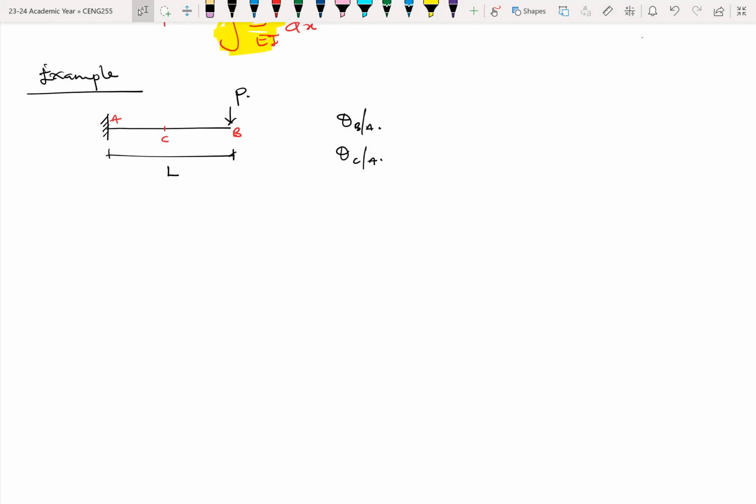In this scenario, one of the first things we need to do is to draw the elastic curve. One of the most important things to do. So the first thing we need to do is draw the deflected shape, or the elastic curve.